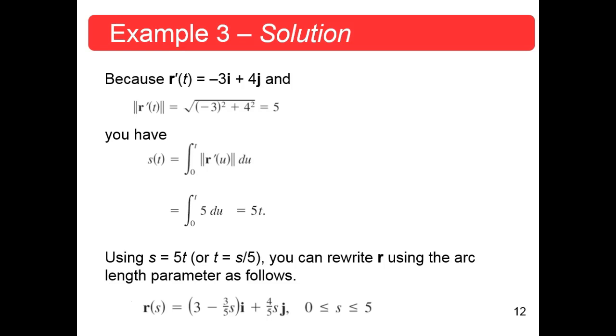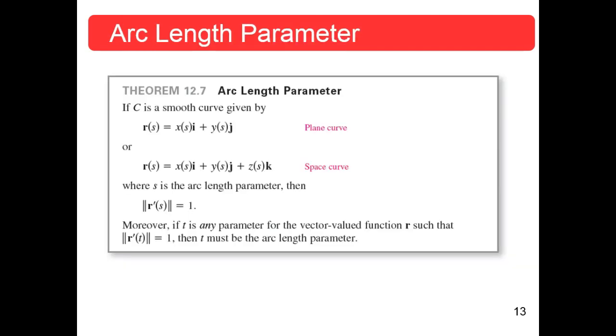Yes, certainly. Here they claim it is always. That is absolutely true. The magnitude of your speed, your r prime of s, the rate at which you're going with respect to s, is always 1.